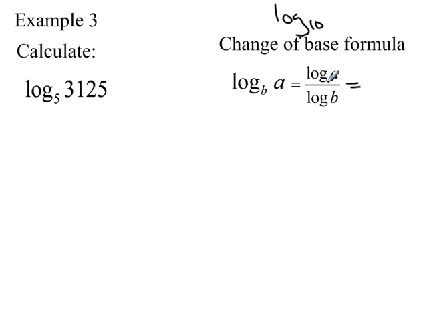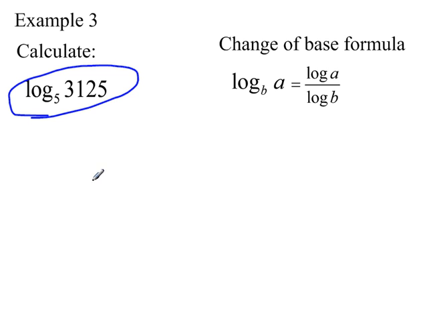So technically there's an invisible 10 here and there's an invisible 10 here. But it's not written there because it's already assumed that you're in base 10 if there's no other base written there. So this is the change of base formula, and we're going to use this to calculate this logarithm.